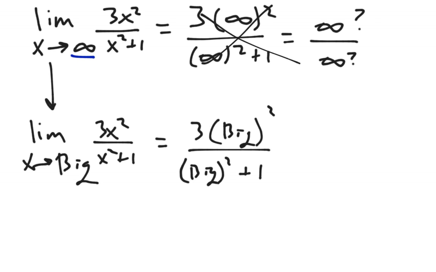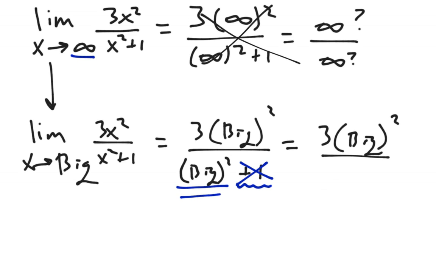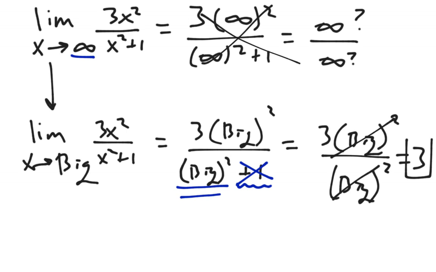The 1 will essentially become irrelevant, because big squared is a huge number and adding 1 to it isn't going to make it that much bigger. So we can essentially ignore the plus 1. What we'll end up with is 3 big squared over big squared, and big squared will cancel out and we'll get 3. That's one way to think about this limit.